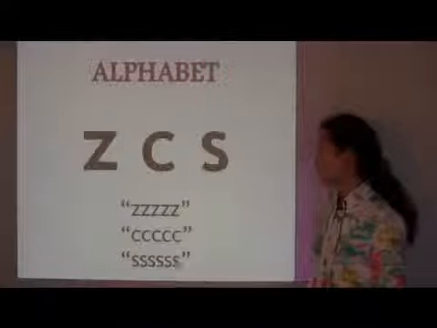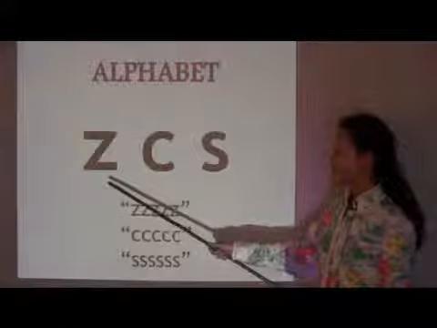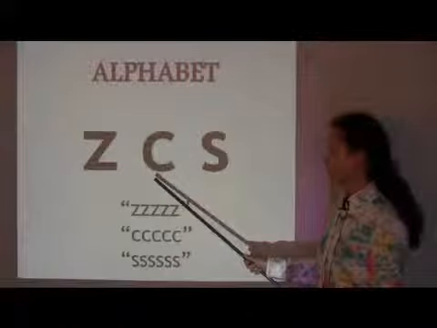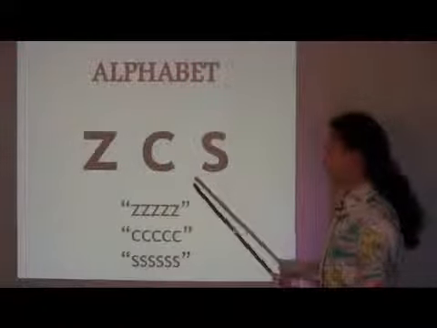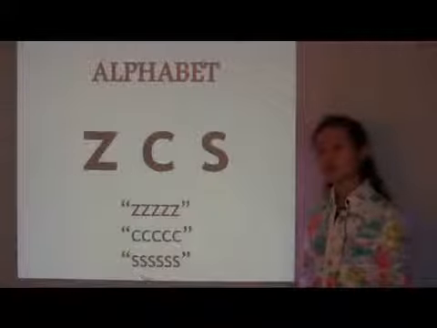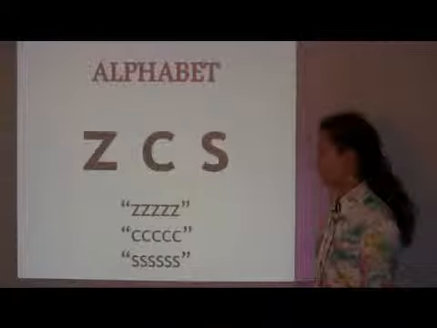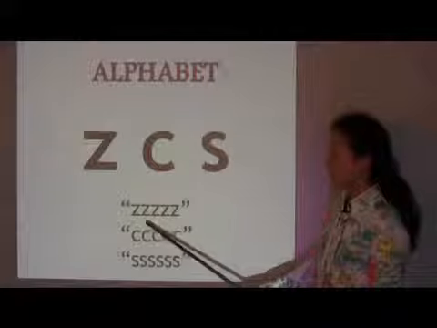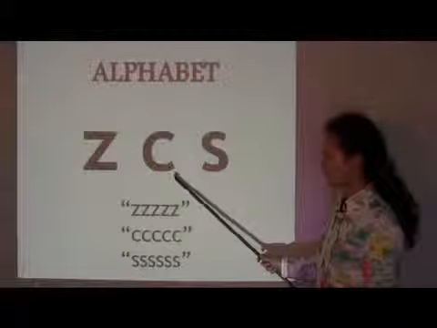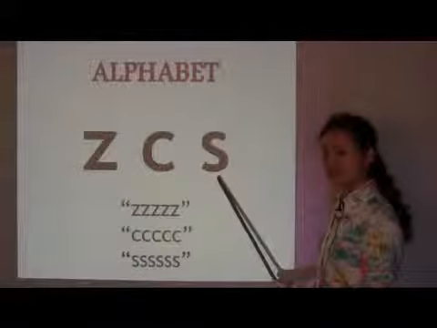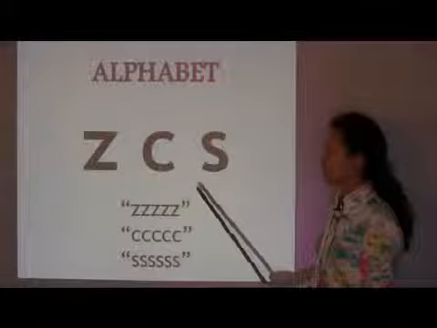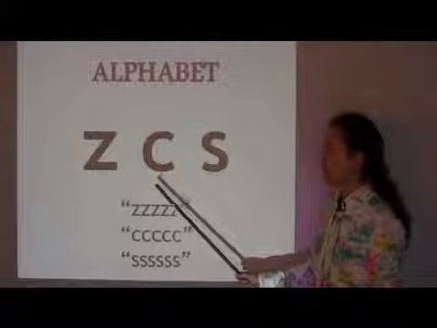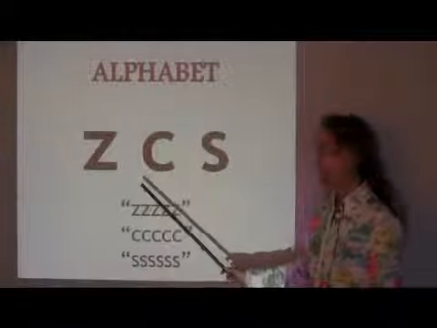And then we're going to have Z, C, S. For these three, it's almost like you're dragging their individual sound out. Right here I've written like Zi, Ci, Si. It's like a buzzing sound, but you have to make sure that it comes out long enough to have the sound.